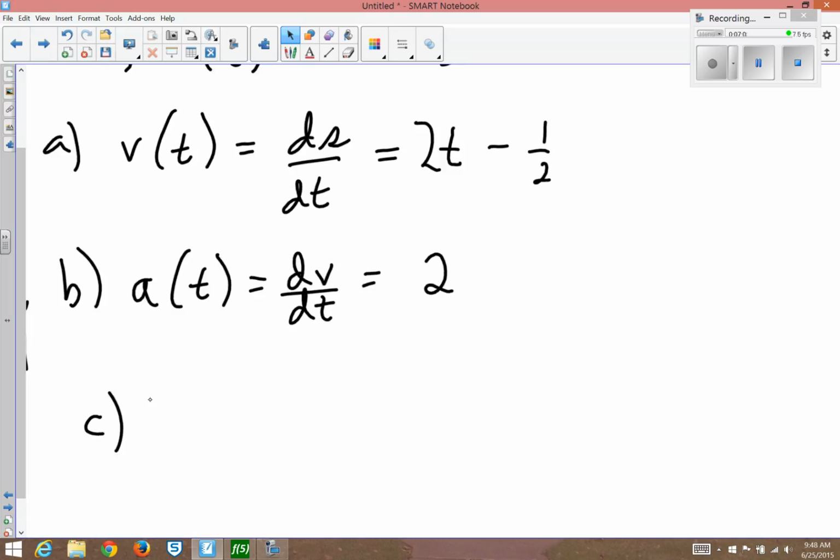Part C says find the velocity when t is 1, and the acceleration when t is 1.